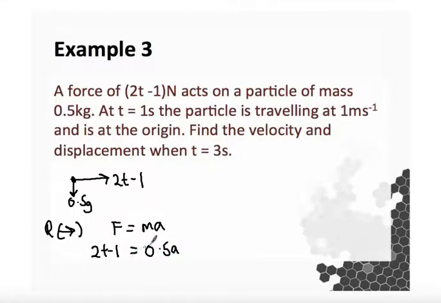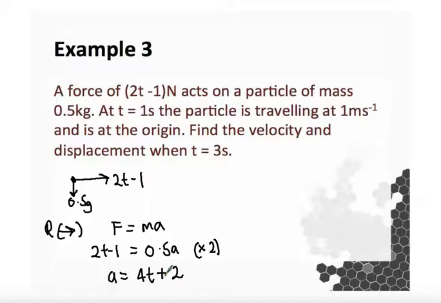And so now I've formed an equation that involves the acceleration. This can link then to the velocity and displacement. So all that's left at this point is if I multiply both sides of this equation by 2, I get the acceleration is 4t plus 2.